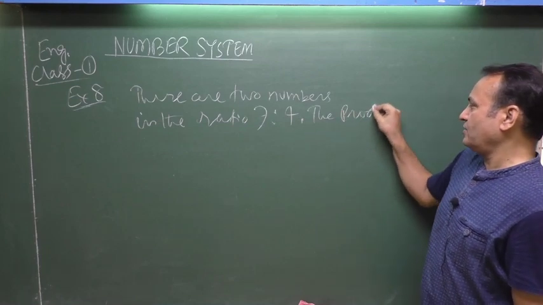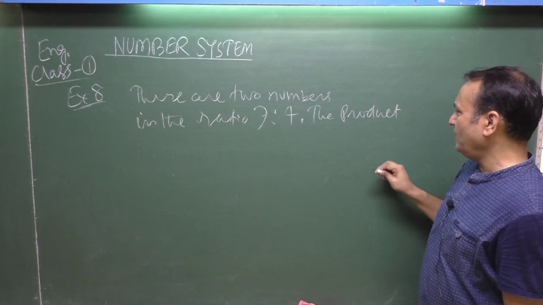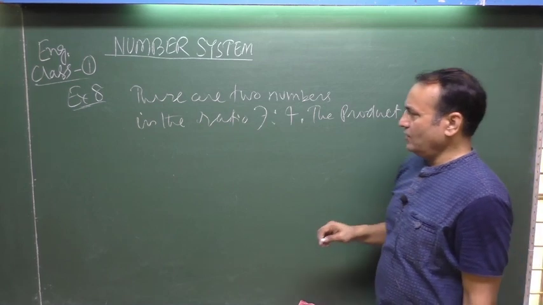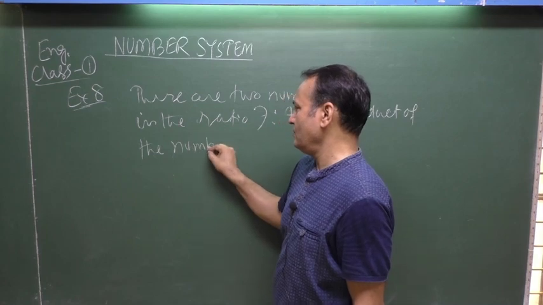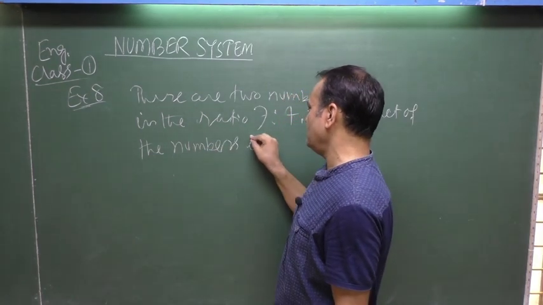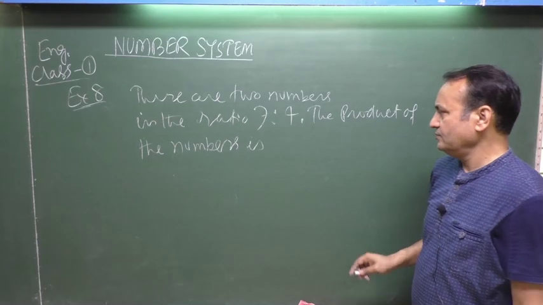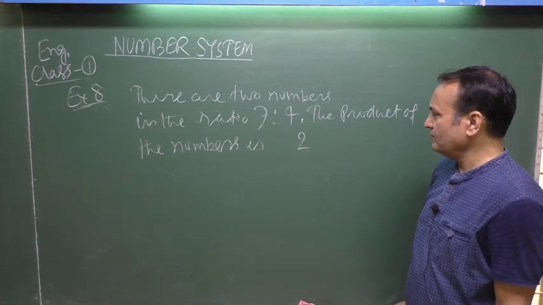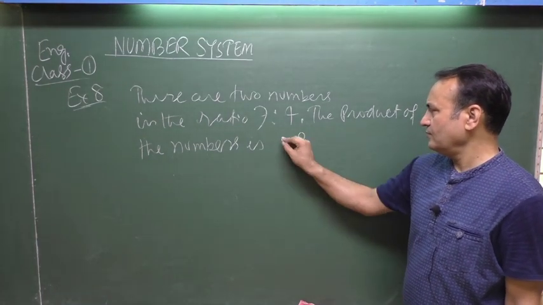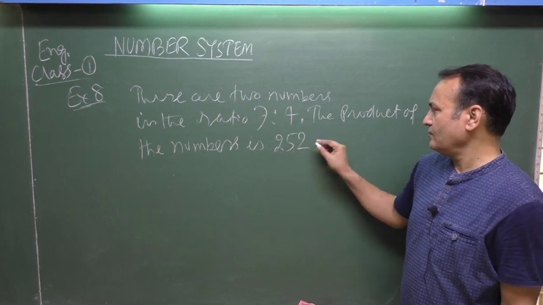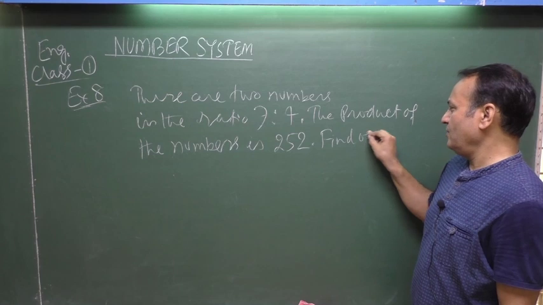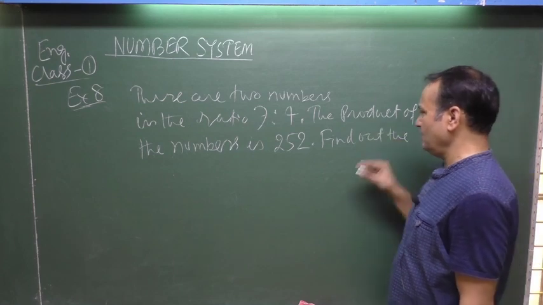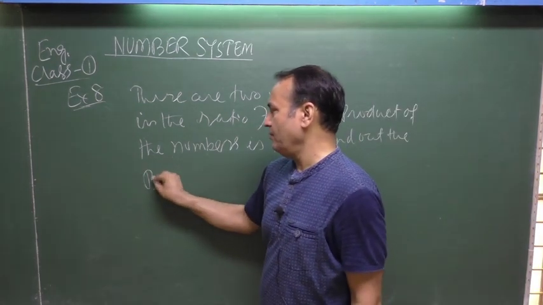The product of the numbers is 252, find out the bigger number.